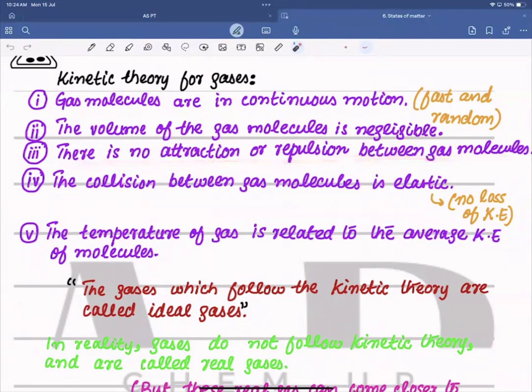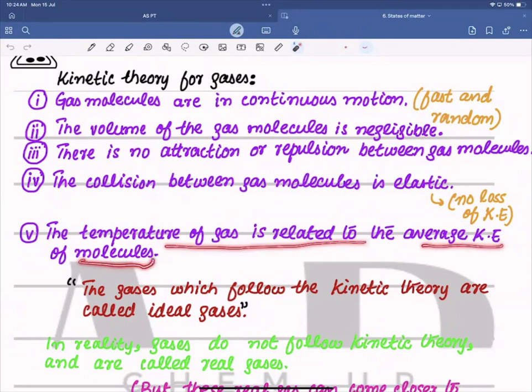As we discussed previously, there are intermolecular forces of attraction between molecules, right? But the kinetic theory says that for gas molecules there will be no intermolecular forces. And the collision between the gas molecules is elastic, which means that on colliding, they do not lose kinetic energy. And the temperature of the gas is related to the average kinetic energy of the molecules.